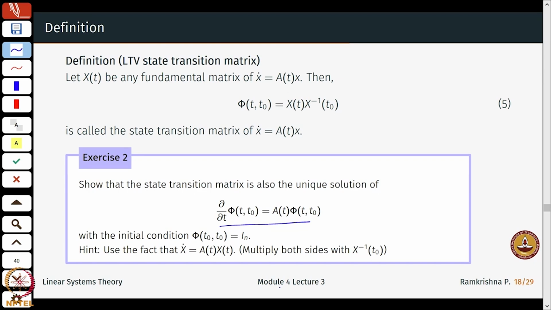So, let us first check whether this is a solution to my differential equation. First, phi at (t0, t0): I have X(t0) and X inverse(t0). So, I have the identity.